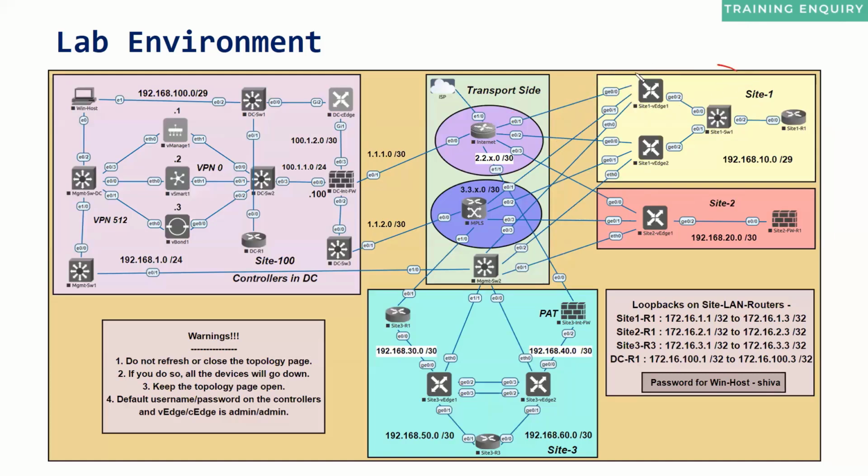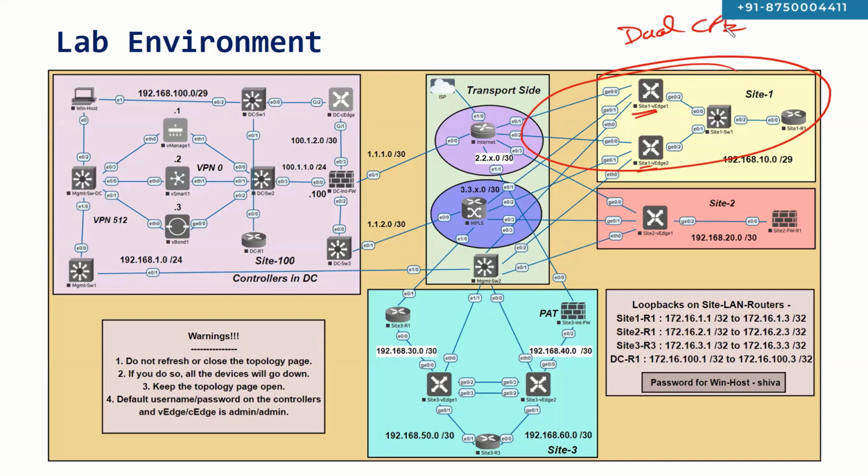Ideally, like if you have got two WAN edge routers, then you would call it a dual CPE site. The site 2, where you have got only one WAN edge router, you will call a single CPE site. So dual CPE and then single CPE site, right? And that's how you call them actually.